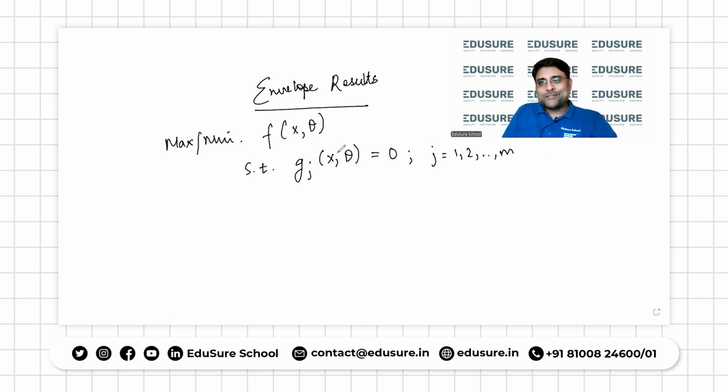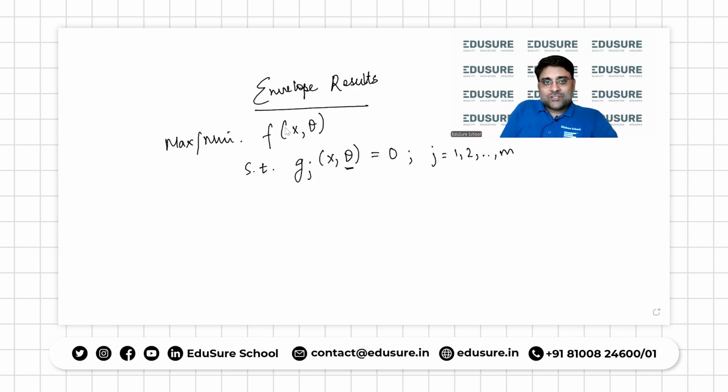Now, what is the result of this theta changing on the optimal value of f? That is what we try to understand in this area. Or in simple terms, envelope results help us to understand the sensitivity of the optimal solution to changes in external parameters.